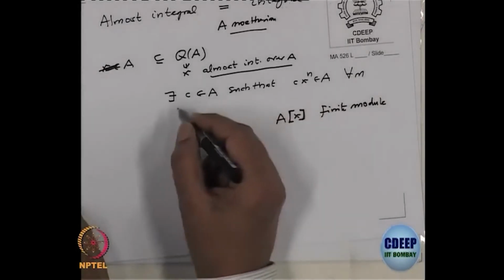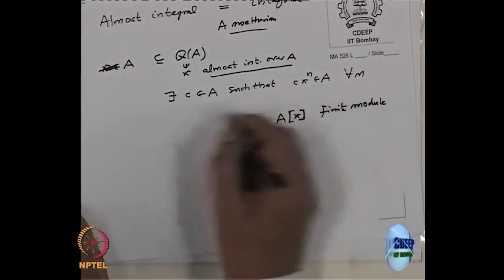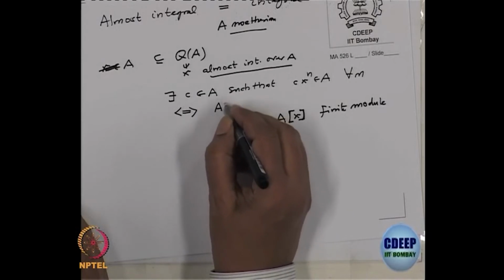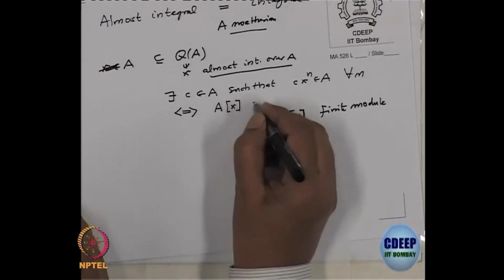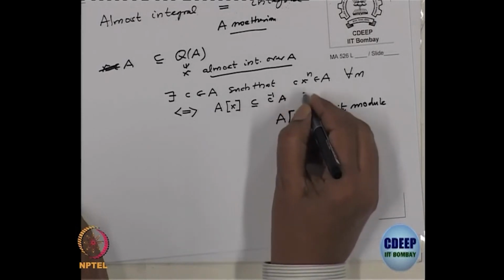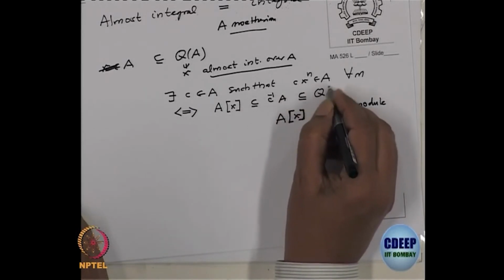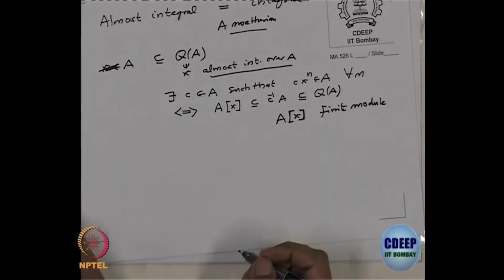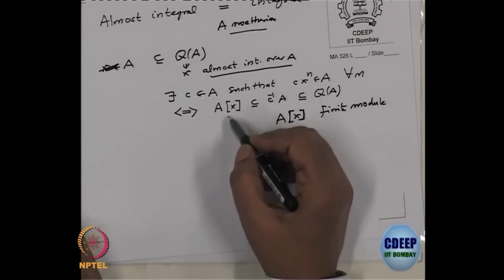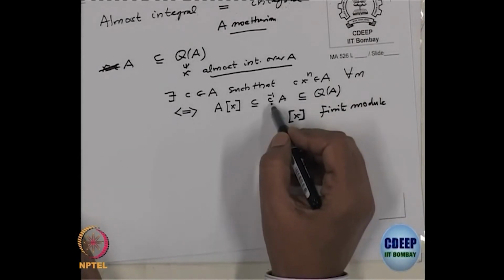This condition is equivalent to saying A[x] is contained in c inverse A, which is contained in Q(A). You see, if this is in A, that means all powers of x will belong to A if you invert c.